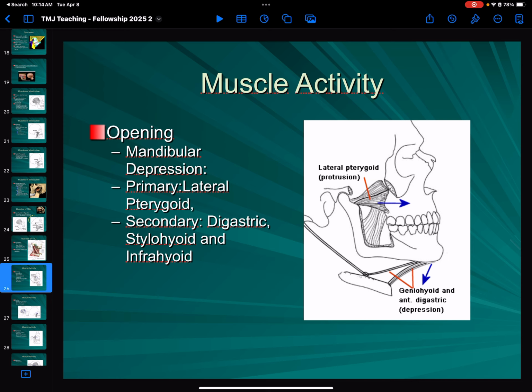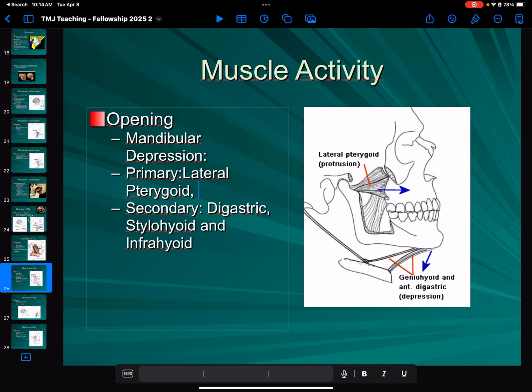So when we open, and we'll get into the arthrokinematics in just a moment, there should initially be a rotation motion. So the initial mover is actually the lateral pterygoid, because that disc is going to be moving.